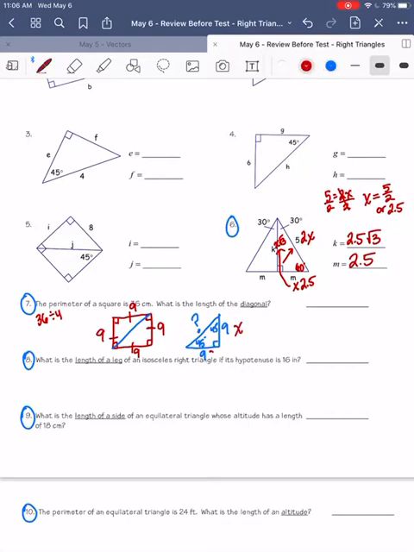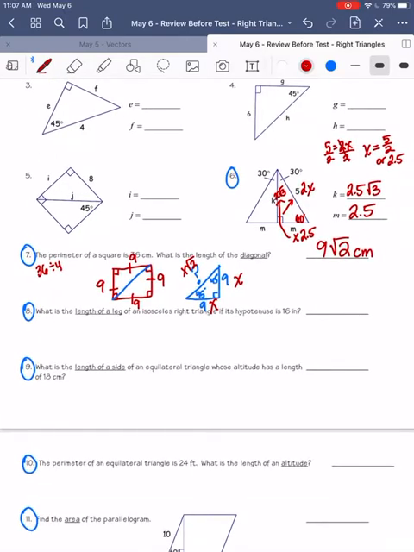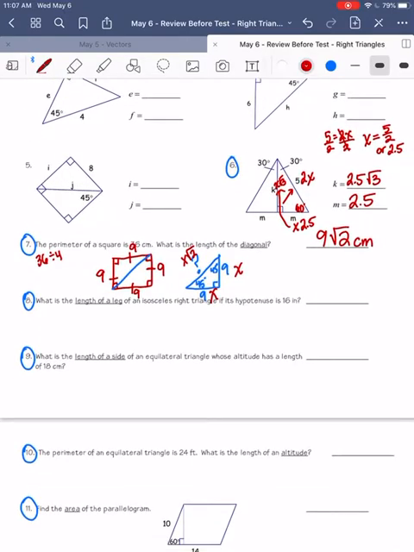If I label this x, x, and x root 2, I'm giving you the x, so you just plug in. So our answer is 9 root 2. Some of you did not leave it in exact radical form. Some of you just left it in decimal form. So try to remember, the test is multiple choice, so you'll see it doesn't have decimals, it'll have radicals.